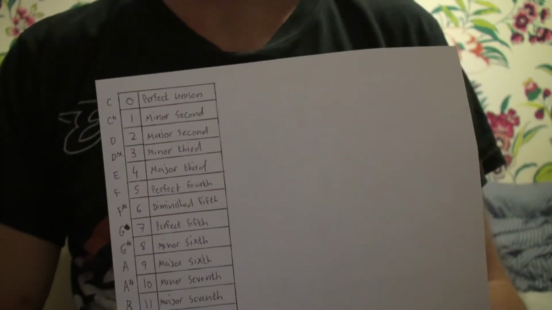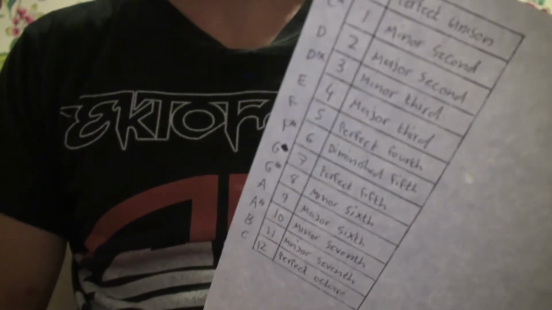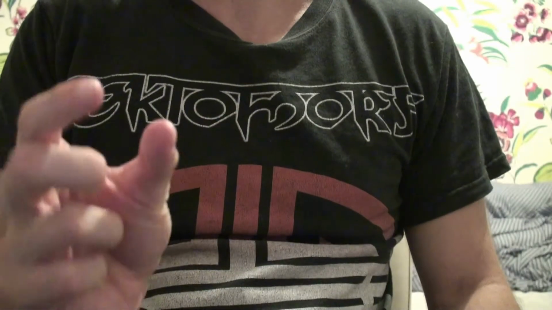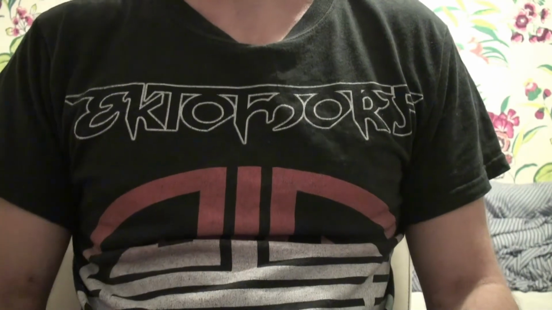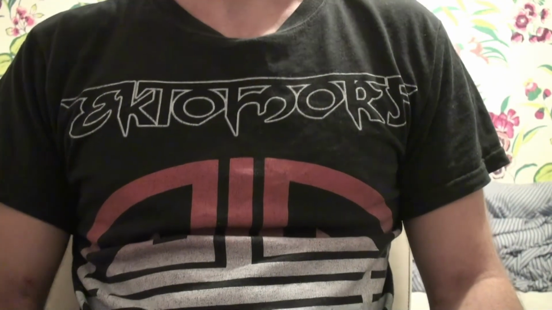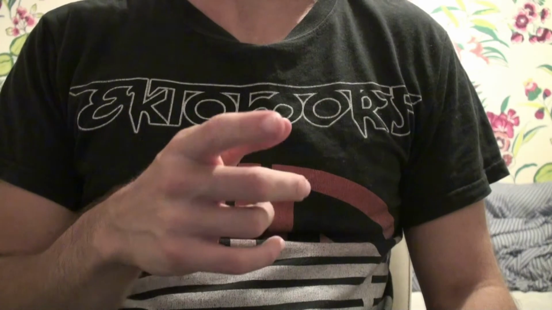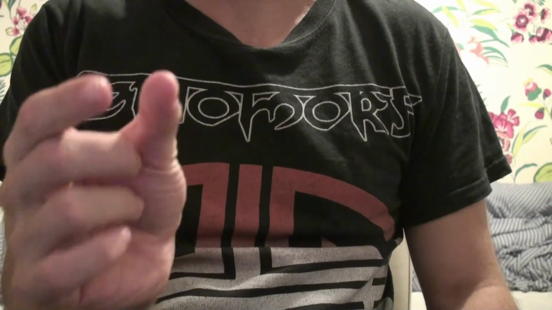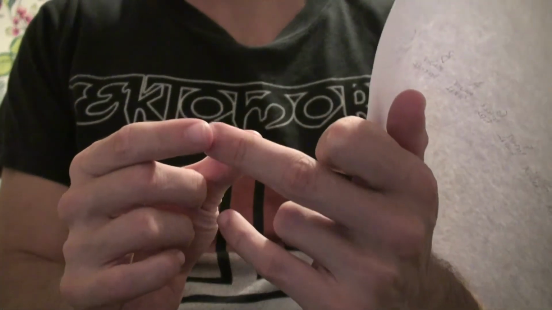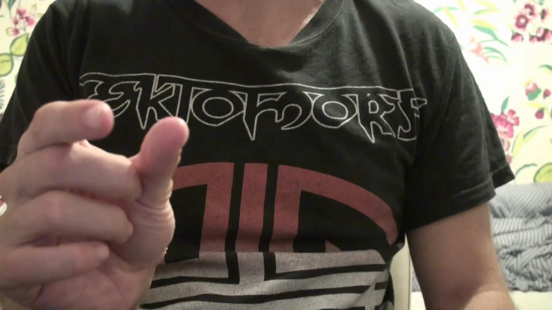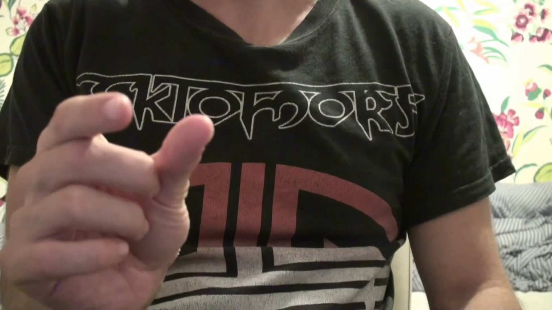So I've got a sheet full of stuff, and an interval is a space between 2 points, right? So if you have a tape measure or a ruler and you go from 0 centimeters to 1 centimeter, that is a space. The interval between those 2 points is a space.